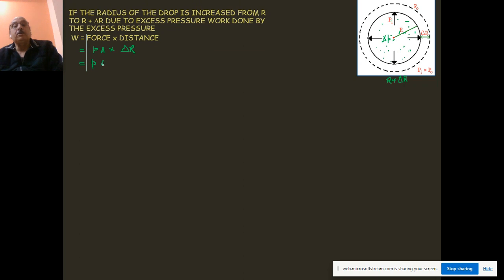A is 4 pi R square. You know the surface area of a sphere is 4 pi R square, into delta R. This is equation 1, right?